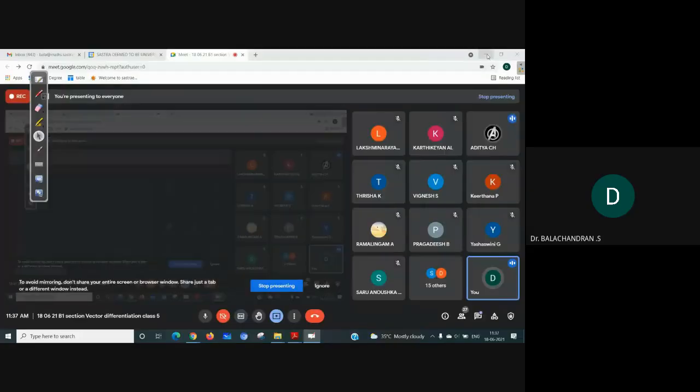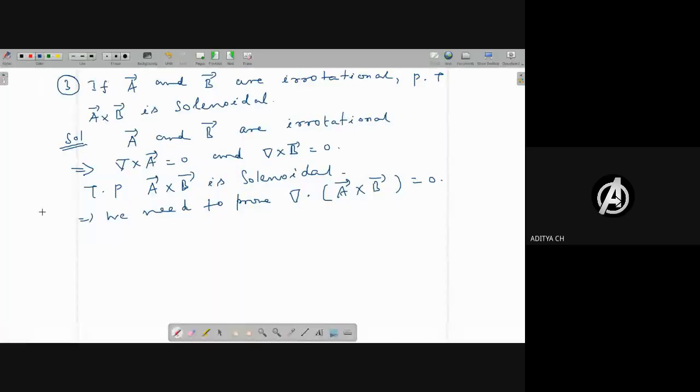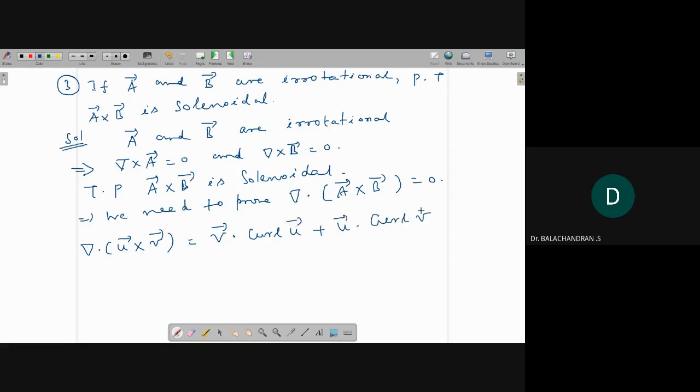Yes, correct. Del dot U vector cross V vector is nothing but V vector dot curl U plus U vector dot curl V vector. So this is the result.